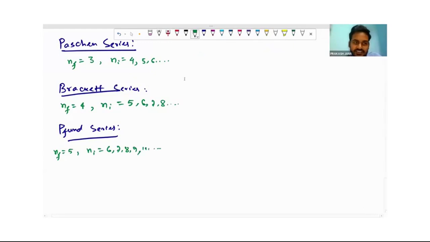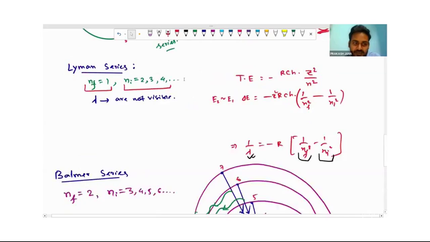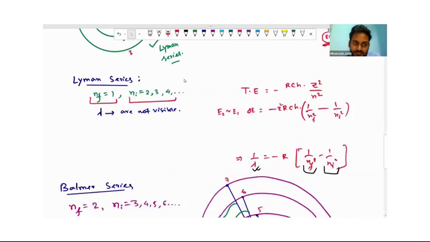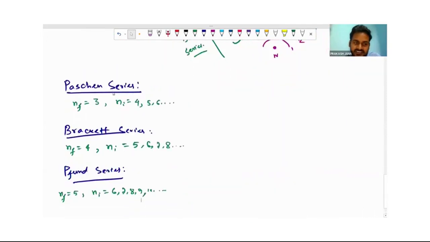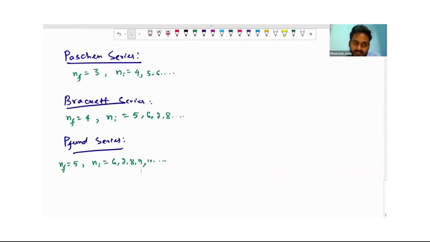So these are the spectra corresponding to the hydrogen atom: Lyman, Balmer, Paschen, Brackett. The final state is 1 for Lyman, 2 for Balmer, 3 for Paschen, 4 for Brackett, and 5 for Pfund, and the initial state is always greater than the final one.